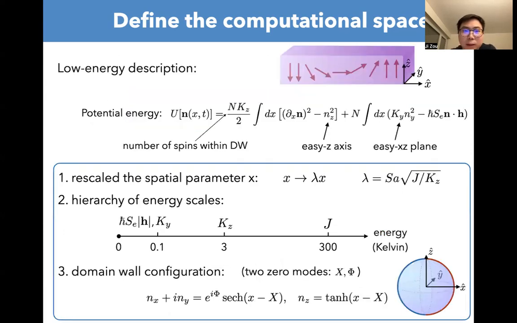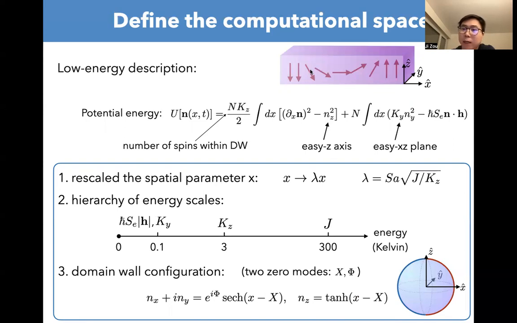Okay, so of course, we can also write down the potential energy. There are two parts. In the first part, we have two terms. The first term just tells us that the spin texture must be smooth. And the second term is what we call the easy z-axis anisotropy, which we denote as capital K_z. This term just tells us that a spin would like to point along the z direction.